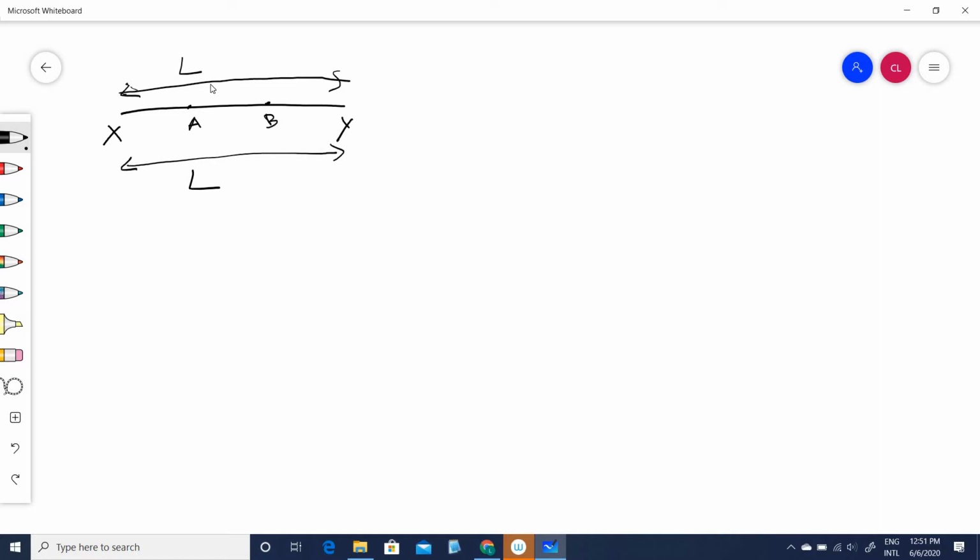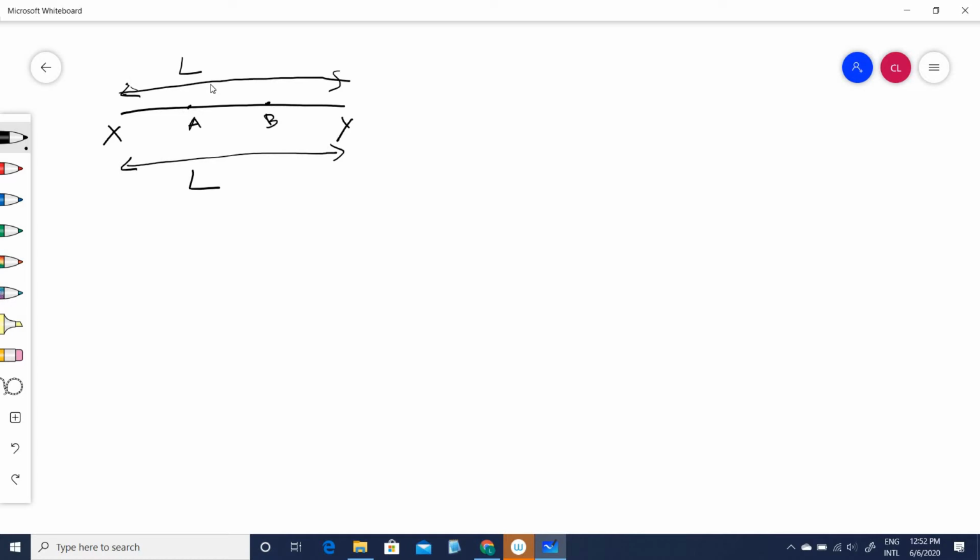So when I'm throwing points at random, it could have been that A is coming on this side and B is coming on this side. Whereas earlier, when we did it with segments, we always chose a segment, and then depending on where the segment ended, we chose the second segment. That is the difference between the two approaches in terms of how we are sampling either the points or the segments.